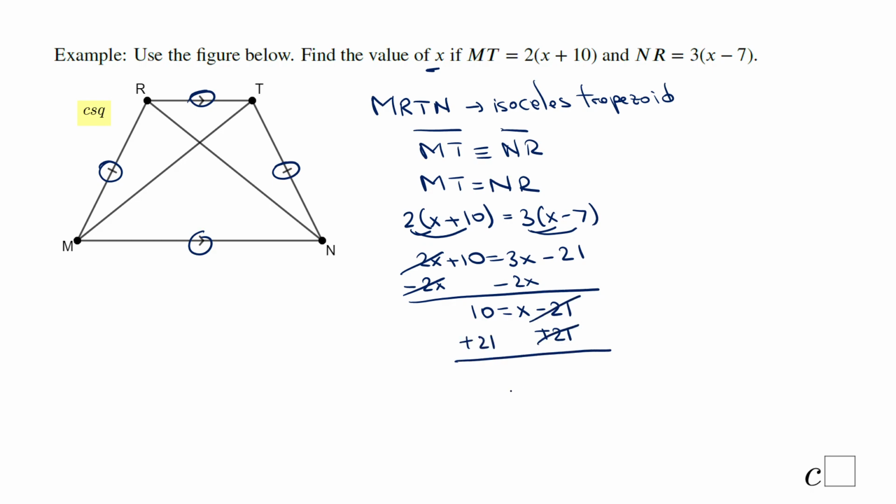And we have the value of x, which is 31. No, not 31. I'm so sorry. I missed the distributive property. Here is 20. And with 20, this will be 41. Okay.